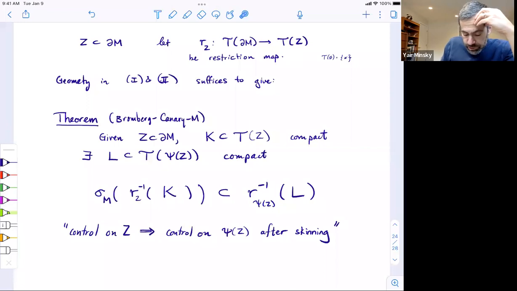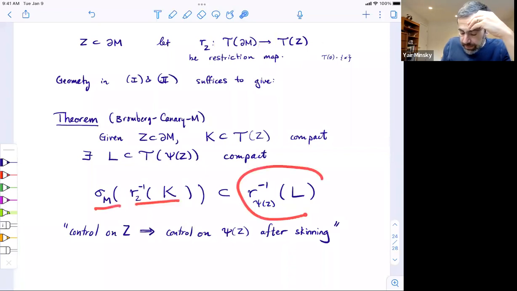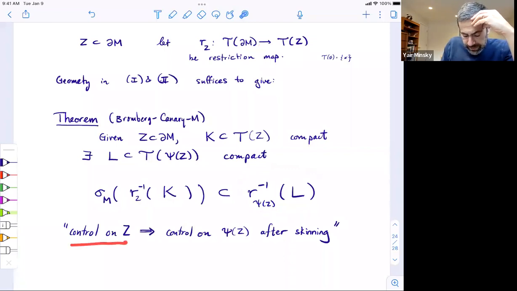So if you start out in R_Z inverse of K, that means if you start out in the Teichmüller space of the boundary, but only those things which, when restricted to Z, are bounded by K, if you take those things and take their skinning image, you land in the set where psi of Z is controlled by L. So in other words, if you have control on Z, the Teichmüller data has control on Z, it propagates to control on psi of Z after you apply the skinning map. That's what the theorem says. And I claim that's what you need.